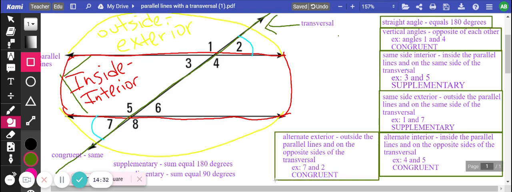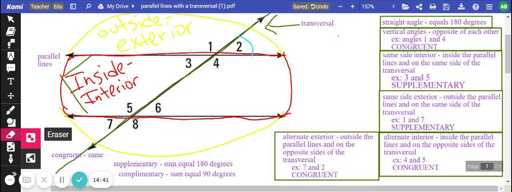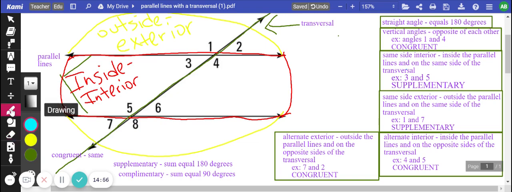There's one more type of angles that we learned, and those are corresponding angles. I feel like this is what gives you guys actually the most difficulty. Corresponding angles are just angles that are in the same place, just on separate parallel lines. So we have angle 5 and 1 would be an example.